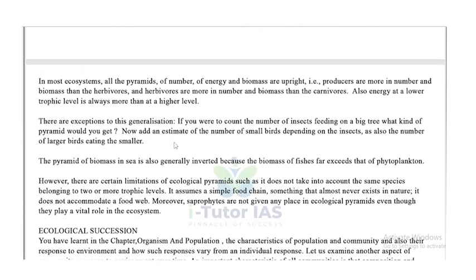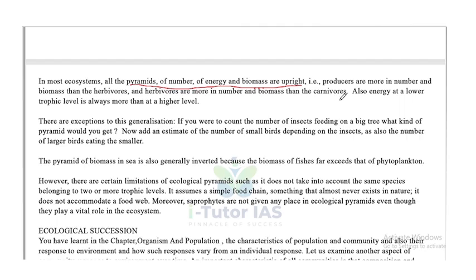In most ecosystems, all the pyramids of number, of energy and biomass are upright. That is, the producers are more in number and biomass than the herbivores, and herbivores are more in number and biomass than carnivores.